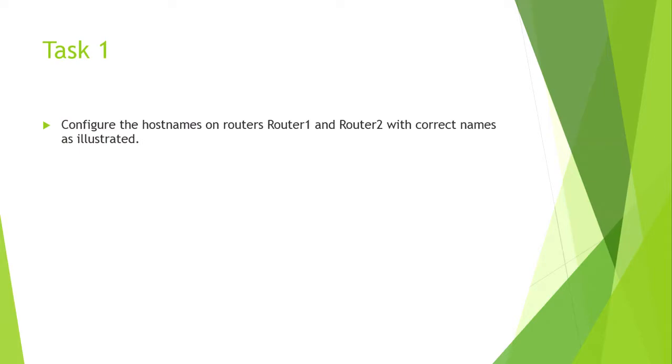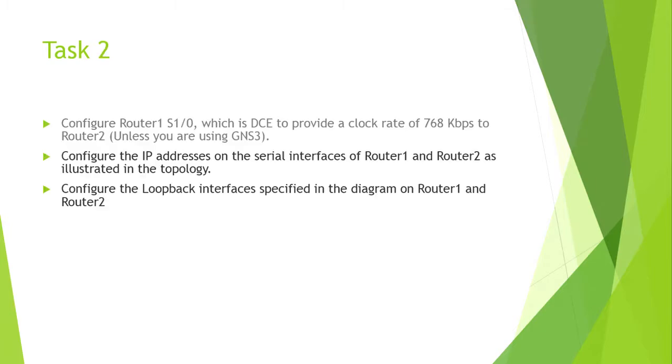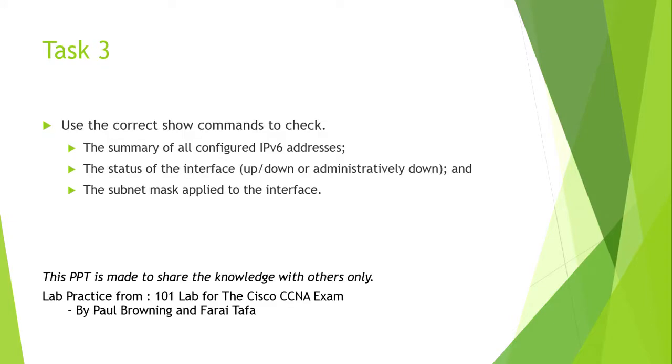The task for today is to rename the routers as router 1 and router 2 respectively, as illustrated. Task 2 is to configure IPv6 addresses on router 1 and router 2 as illustrated in the lab topology. The diagram also consists of loopback interfaces on router 2, so we are going to configure that as well.